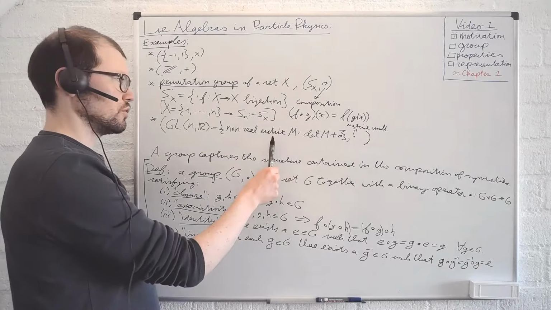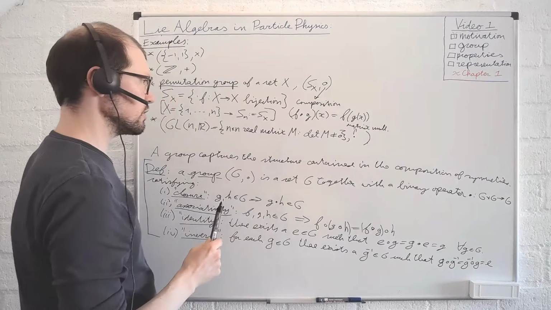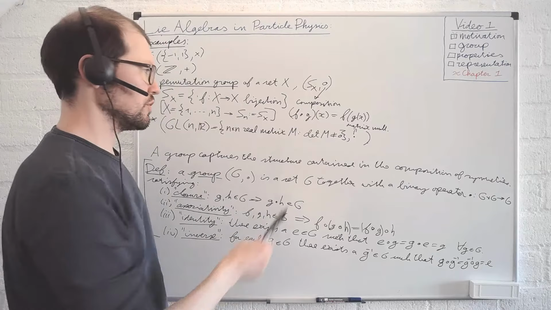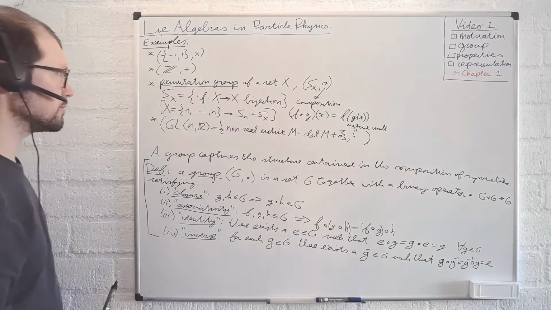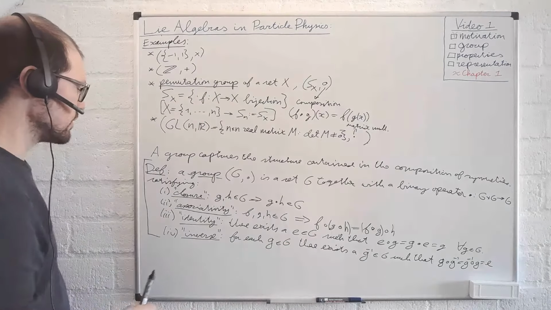Whenever I take the product of two matrices with non-zero determinant, I get a matrix with non-zero determinant. So it's closed. Now you can easily check that all of these are associative.